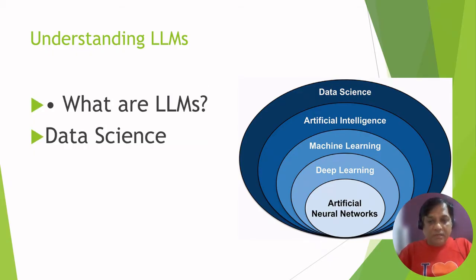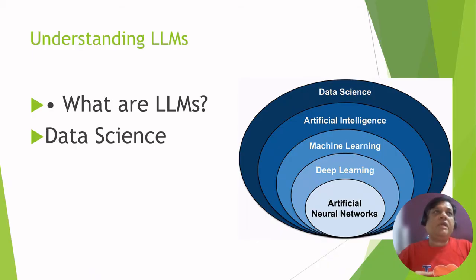Now I would also like to tell you that data science and artificial intelligence were words coined during the 1960s, but it never picked up, because artificial intelligence, machine learning and deep learning require a humongous amount of data, which was not there earlier.